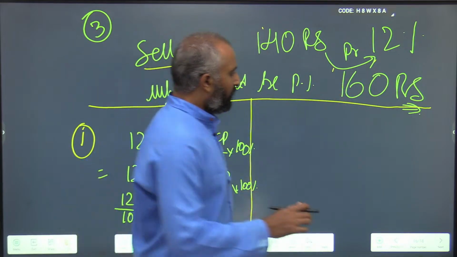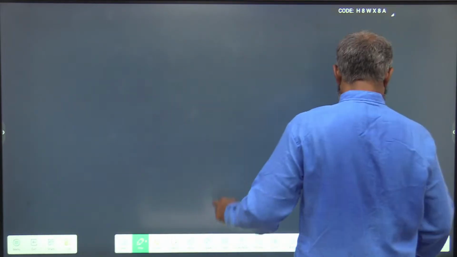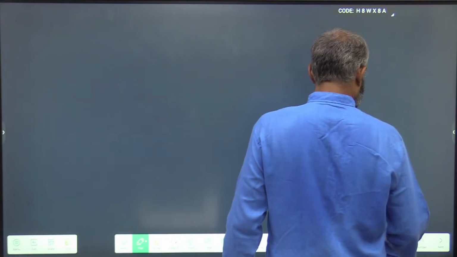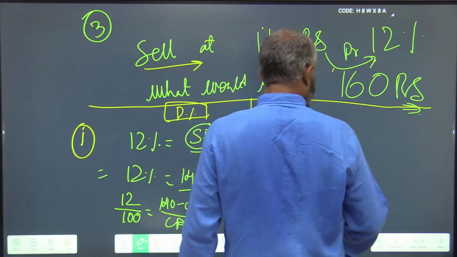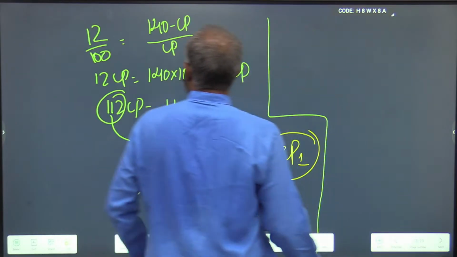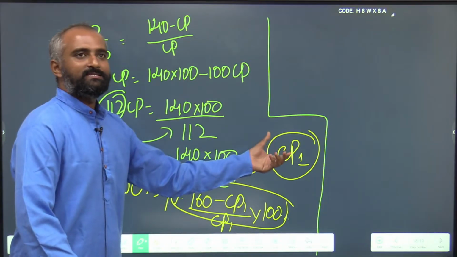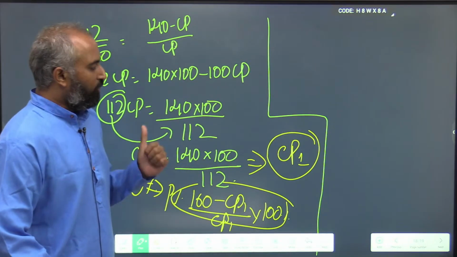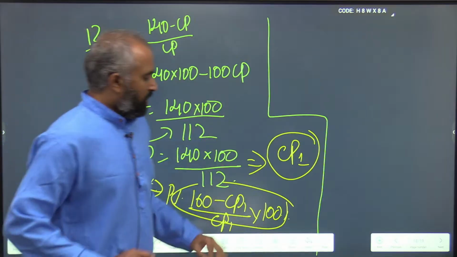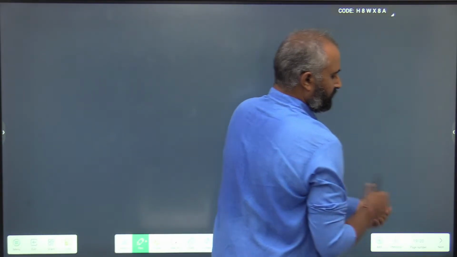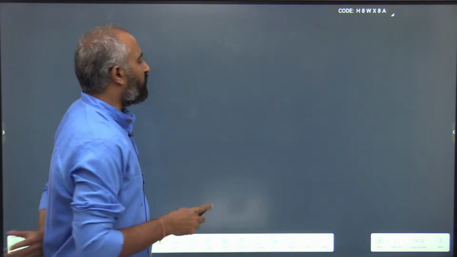You see how complicated the calculation has become. You need to do two calculations. So I hope you have understood that the formulaic approach is not an efficient way to solve profit and loss problems.